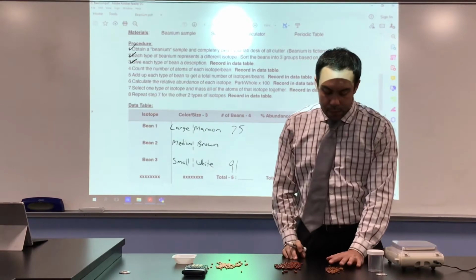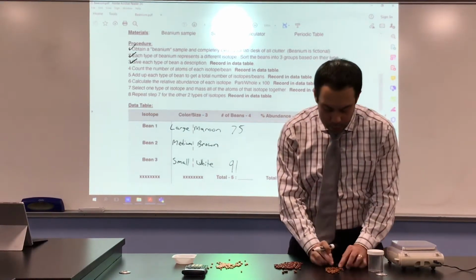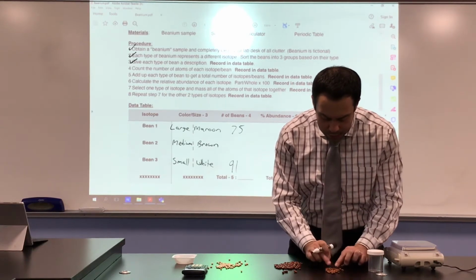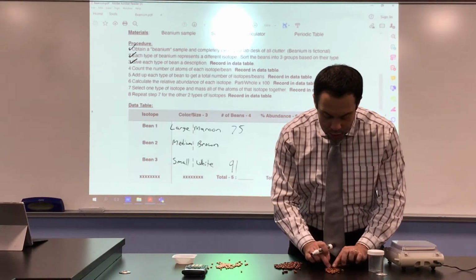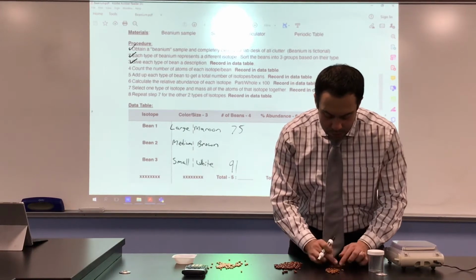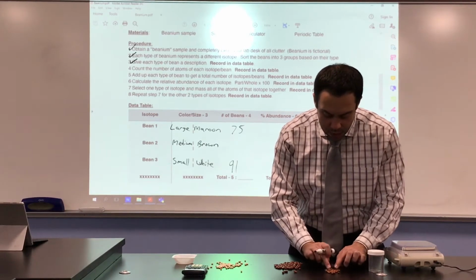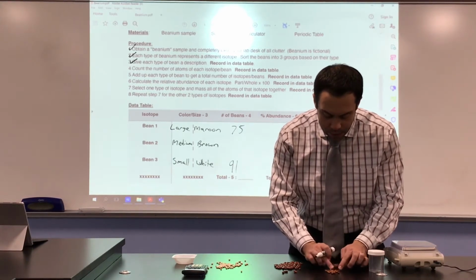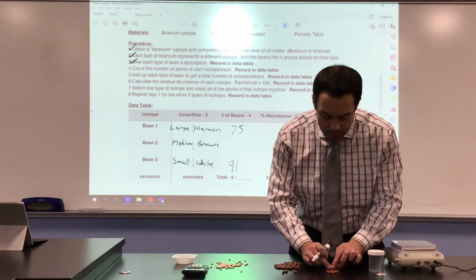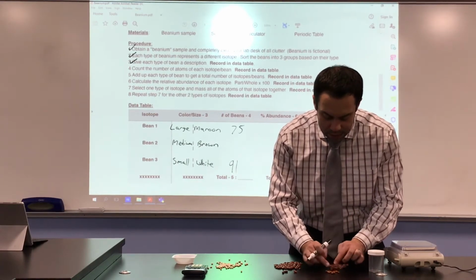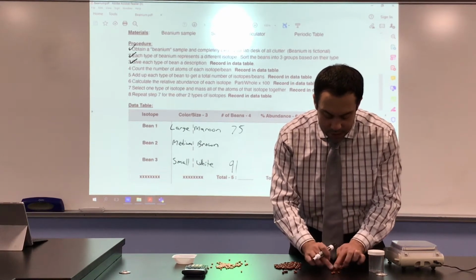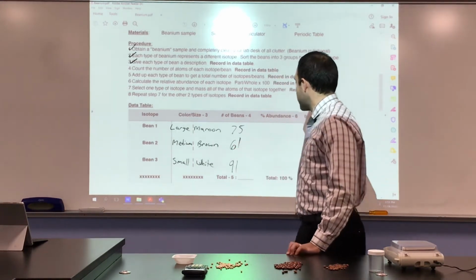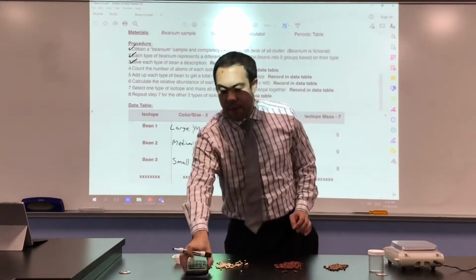And finally, medium brown, counting by twos, 2, 4, 6, 8, up to 60, 61. 61.